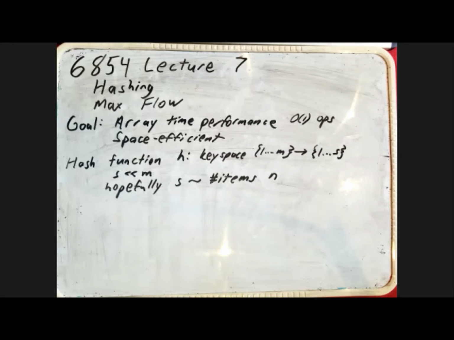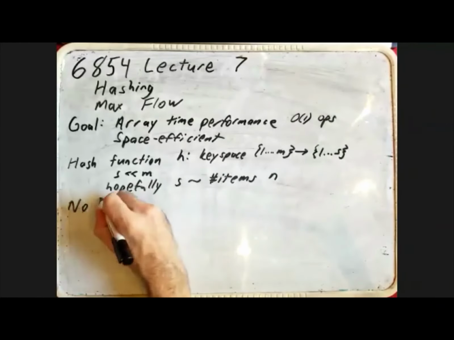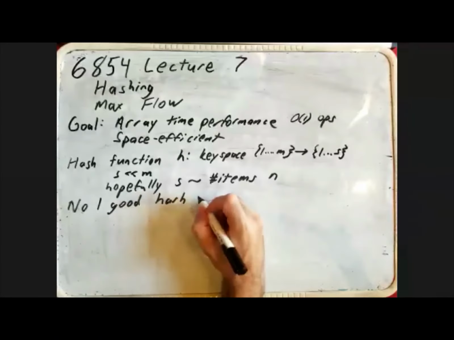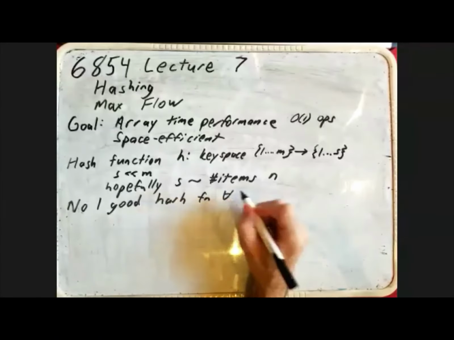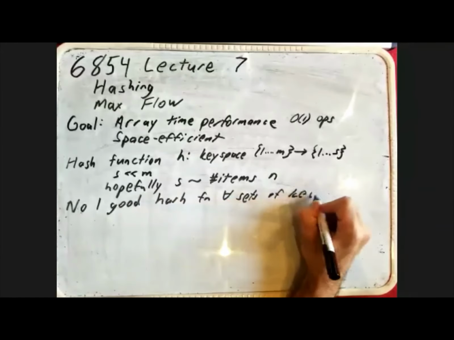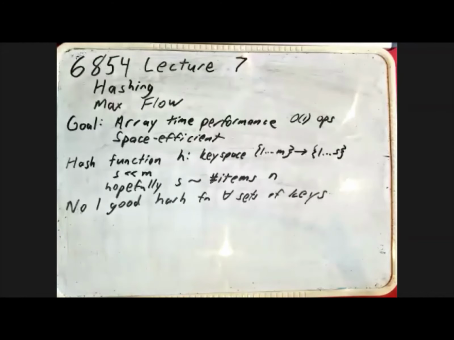Okay. And we observed last time that there is no one good hash function for all sets of keys, because for any hash function, there's a large set of keys that will all map to the same bucket.